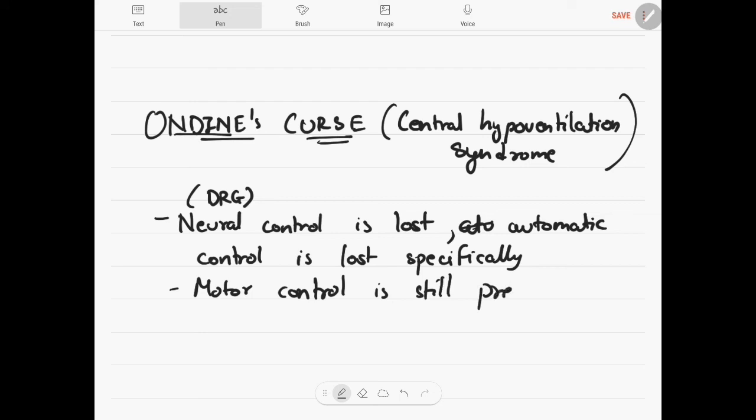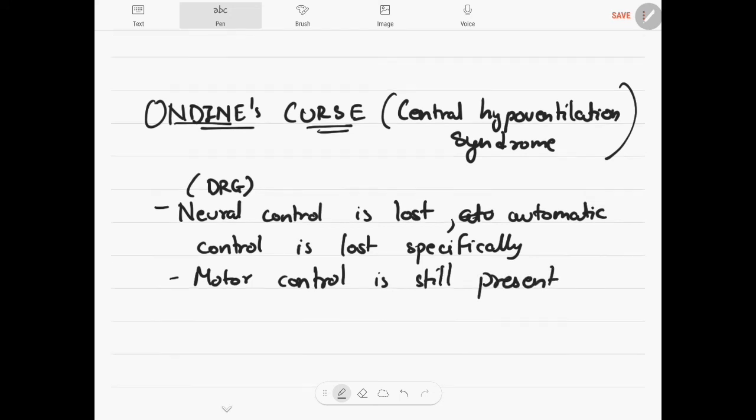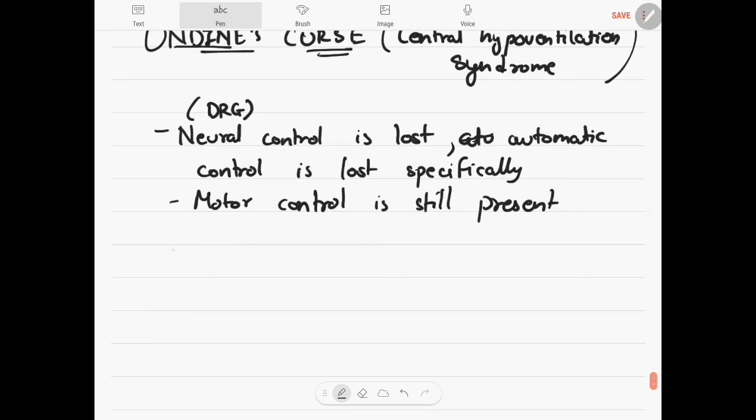So the person has to voluntarily breathe at all times, because automatic control is lost.